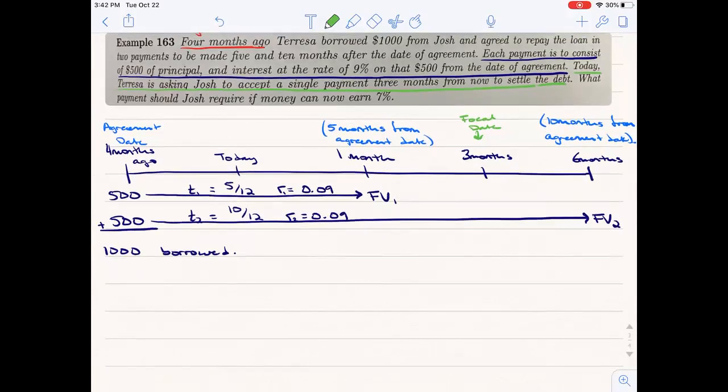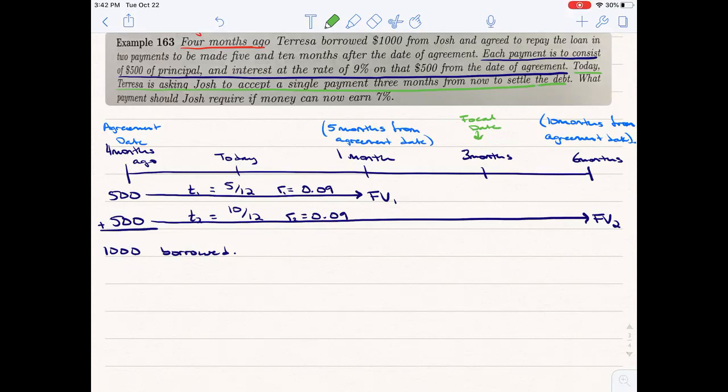So this is where it gets weird, and this is where the order that you do these calculations starts to matter. Because you can't pull the future value forward 3 months, or I guess 2 months, 3 months, without knowing what it is.